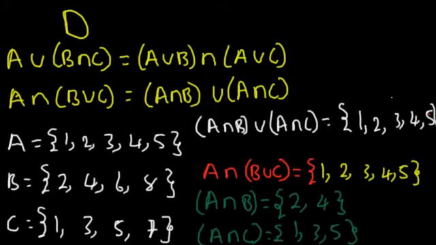This will be the union of both of them. Now the fact that this and this are the same, the law is true, or the equation is true for all cases as well. So let's go ahead and move to the next one, and this is known as what? The identity law.